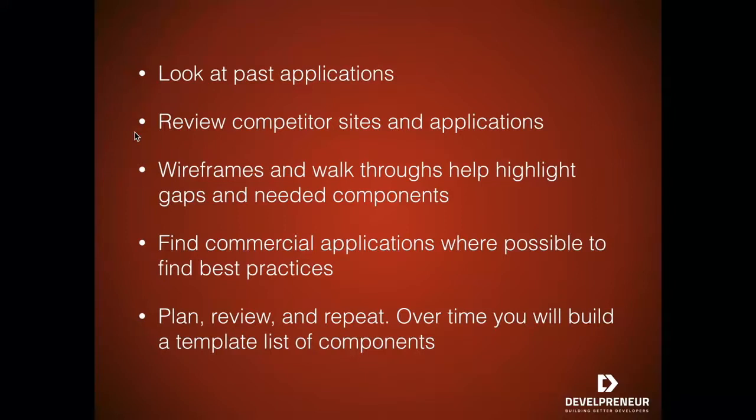When you're building a new application, you may be going into something you're not as comfortable with, or an industry where a lot of advances are being made. Don't be afraid to look at competitor sites and applications. You're going to find things where you say, wow, that's a component I really need. I didn't think about it. For example, online help. A lot of sites now have these little robo chat things.